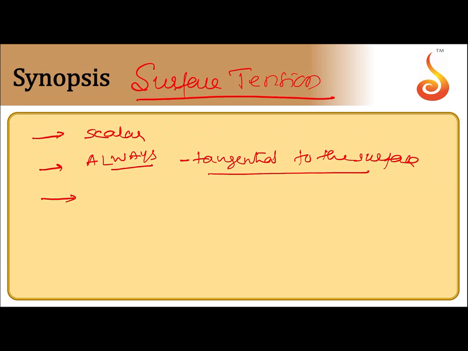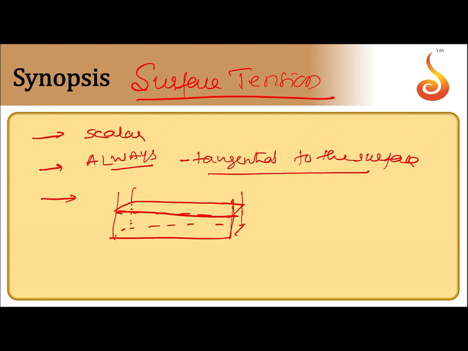For example, if I consider this idea, this is a liquid surface. What we are trying to do is increase the surface area of this part. Increasing the surface area means pushing some molecules from inside to the top.